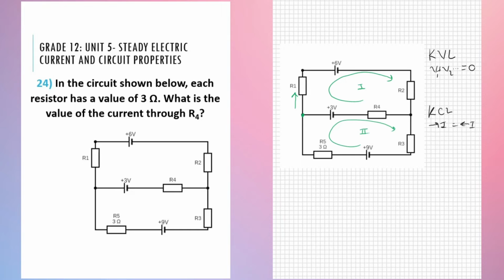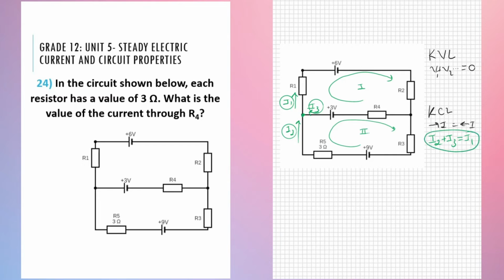Let's consider this current I1, and following this loop, a current I2, and a third current going in this direction, I3. I2 and I3 are entering the node, and I1 is exiting the node. So the currents entering the node, I2 plus I3, is equal to the current exiting the node, I1. Let's keep this formula in mind.